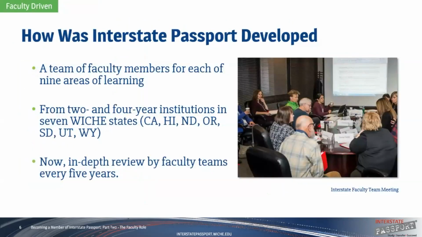The Interstate Passport was developed by teams of faculty members, but it was initially initiated by the Alliance of Community College Academic Leaders, which is a subgroup of the Western Interstate Commission on Higher Education, that together recognized the difficulties that their students were having in transferring to other institutions around the West.